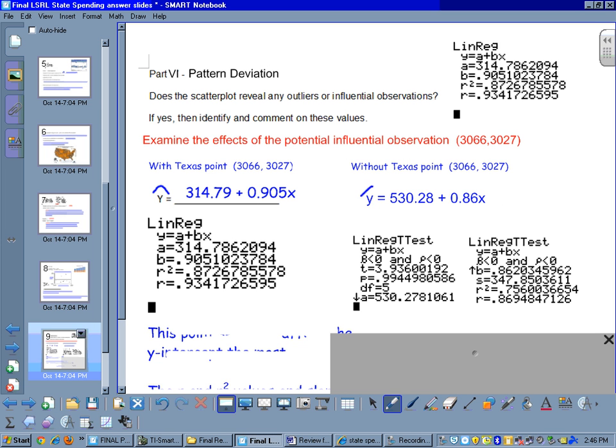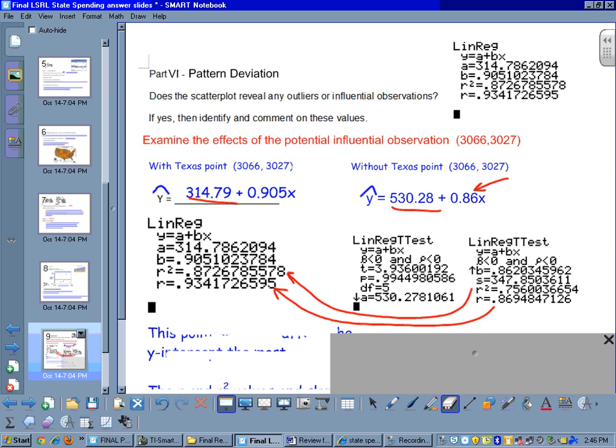I did this one with the stat test, and we see that we, in fact, have a very different y-intercept. The slope did not decrease that much. The r values, we used to have an r squared of 80.87, and now it's down to 7.5. And r itself has decreased a little bit, but not drastically so.